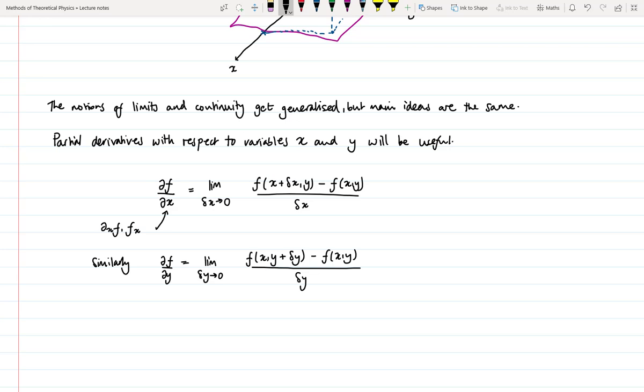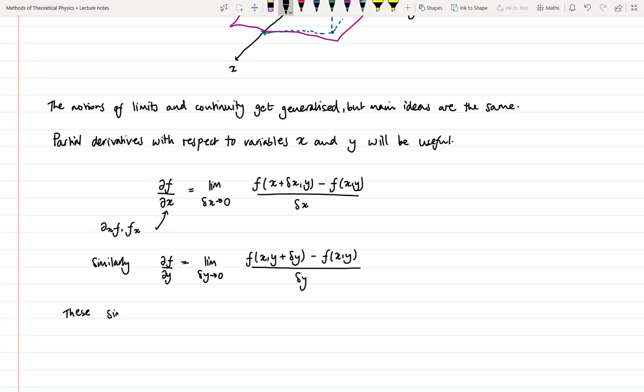And from looking at these two expressions, we can see that the partial derivative simply treats the function f of x and y as a single variable function by fixing the other independent variable. So I'll write that down.